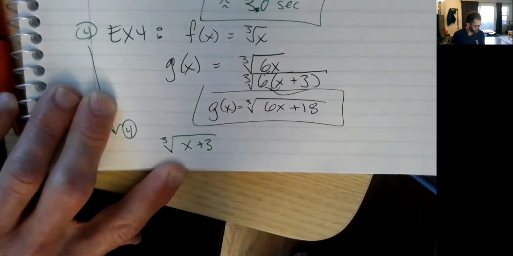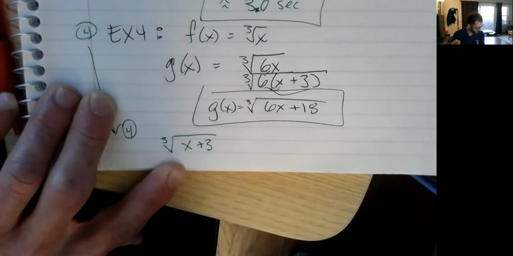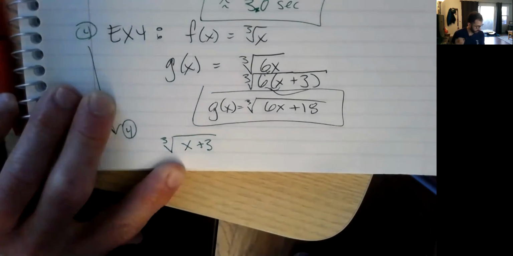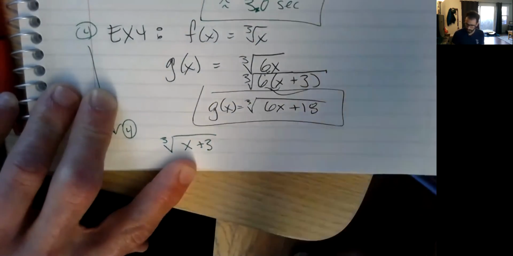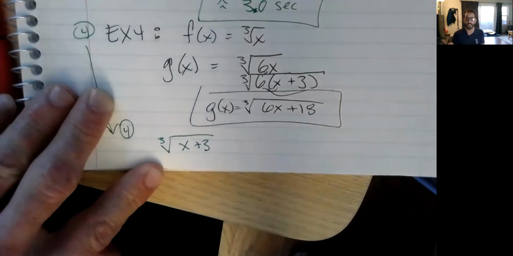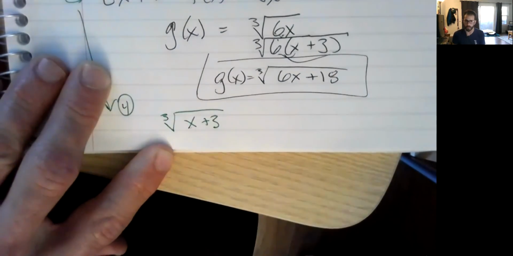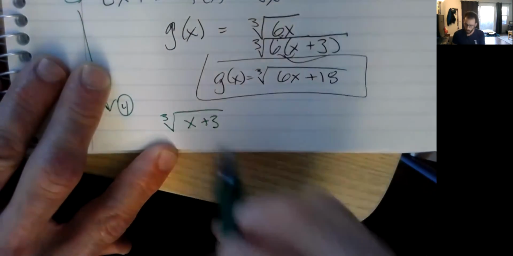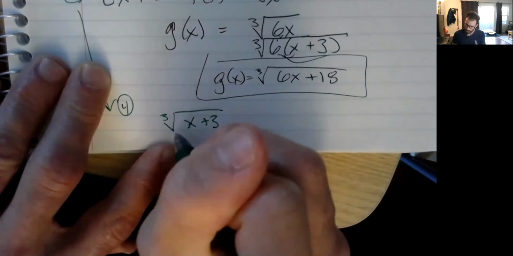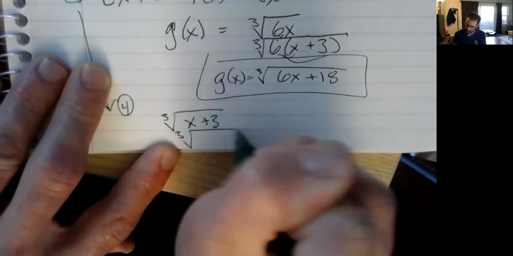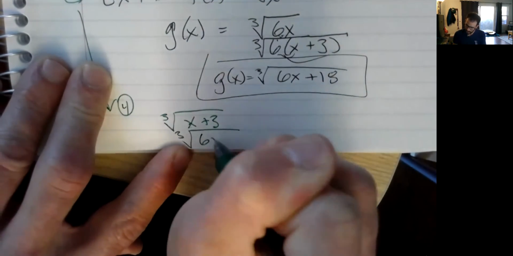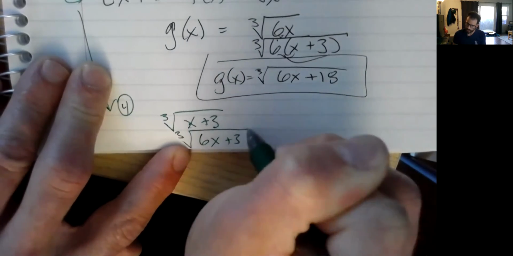And then followed by the horizontal shrink of 1/6. However, whenever we do a stretch or a shrink, we only multiply the x. So it is 1/6, which means we just get 6x plus 3.